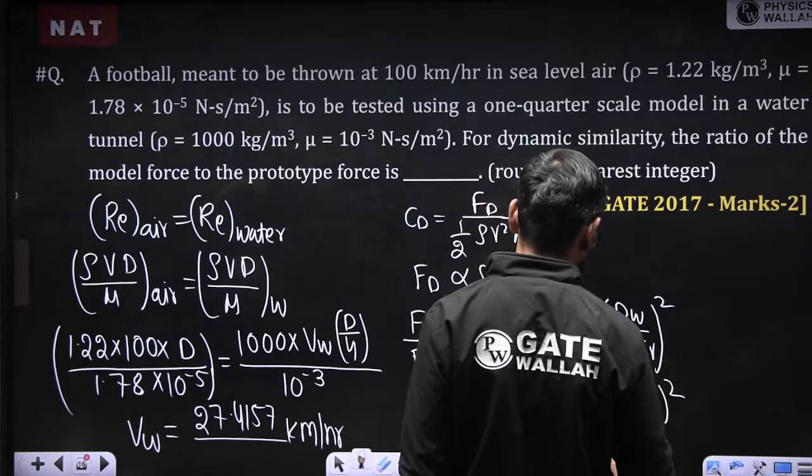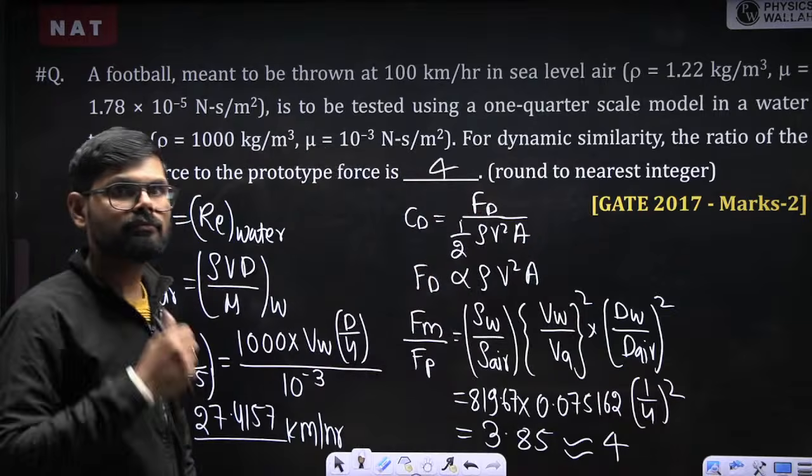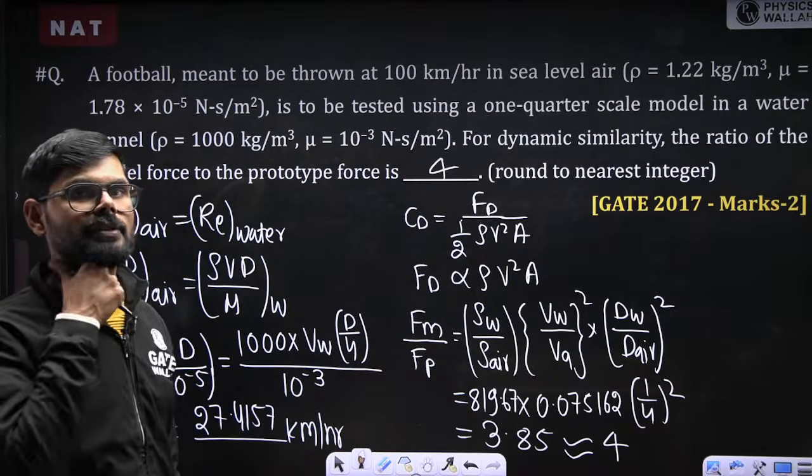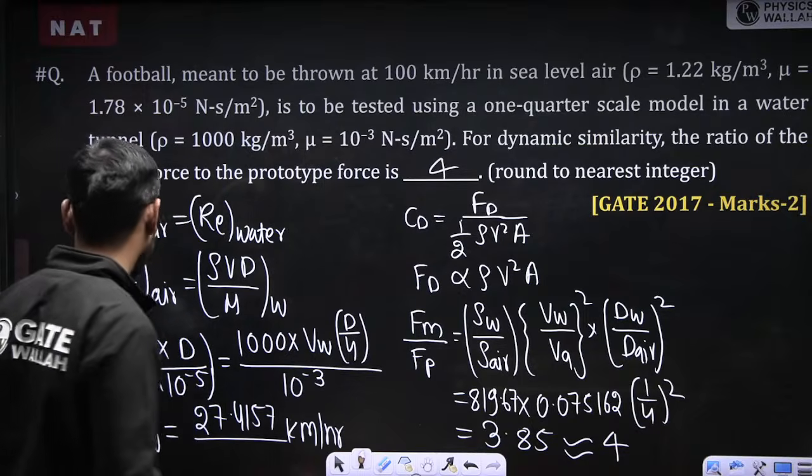In this case, nearest integer will be 4. So 4 will be correct. Is it correct?